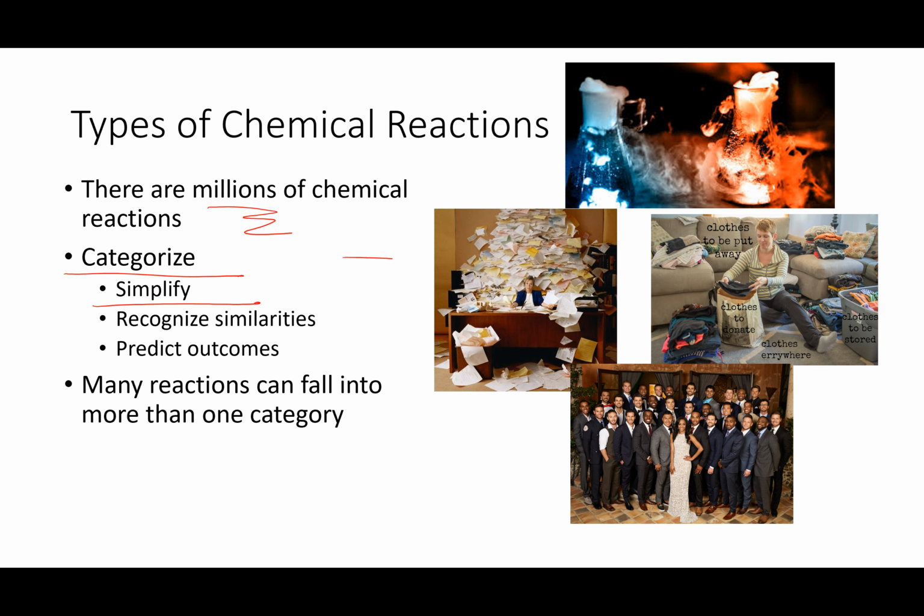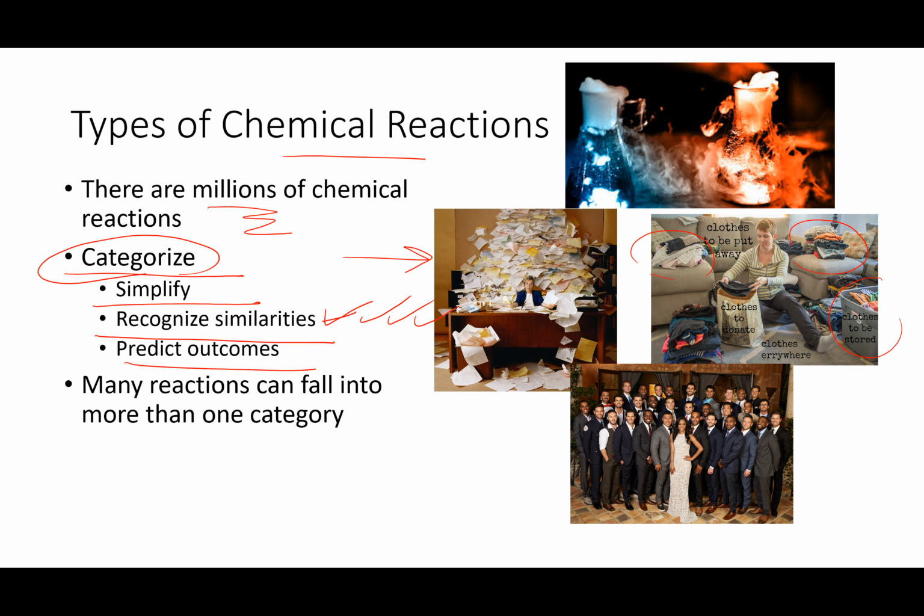If we are overwhelmed with too much data, if we can put them in different piles, it makes life easier. It helps us figure out what's going on. So with chemical reactions, if we can categorize them, it helps us recognize similarities. If we know what this kind of reaction does, we know what similar reactions are going to do. We can predict the outcomes.